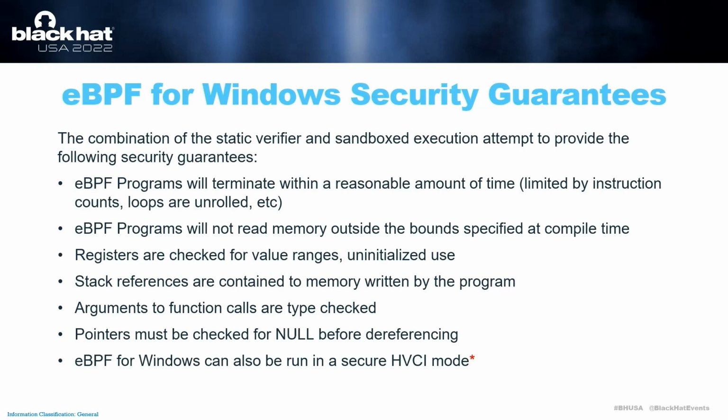The old halting problem, but since they have restrictions on the execution, they're able to prove that it will, in fact, terminate. And as I mentioned, it tries to ensure that your pointers, when you dereference them, are pointing within bounds of buffers that you control and have permissions to access, and that you're doing basic checks on return values.